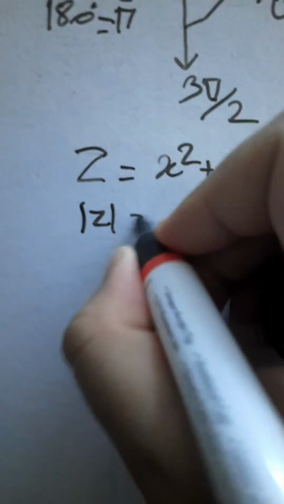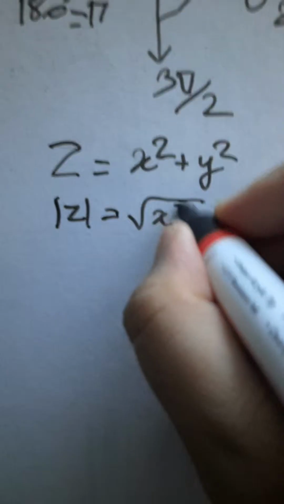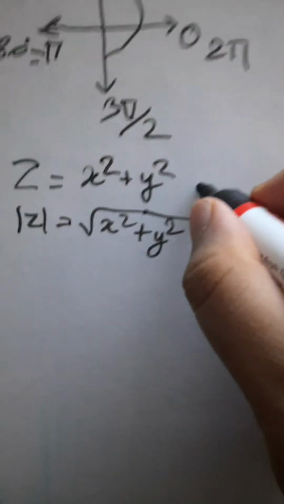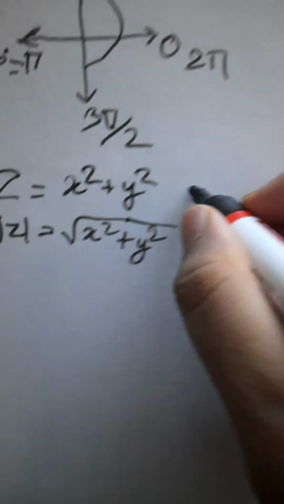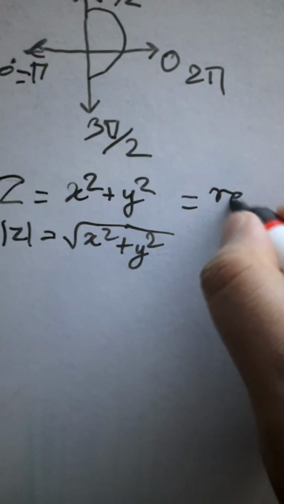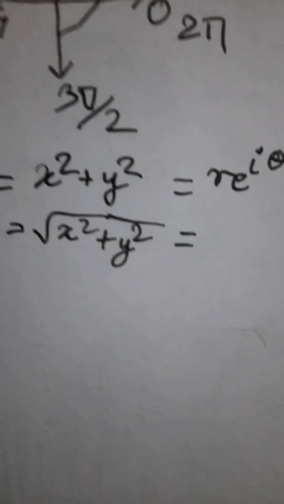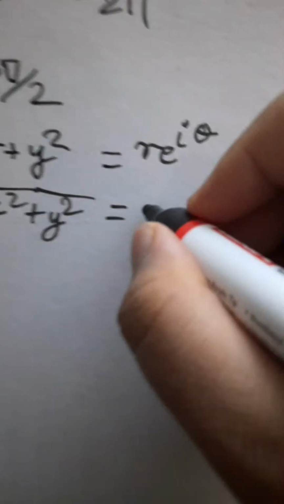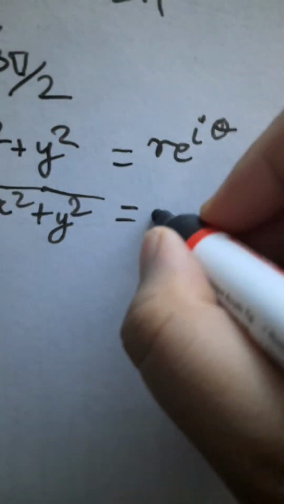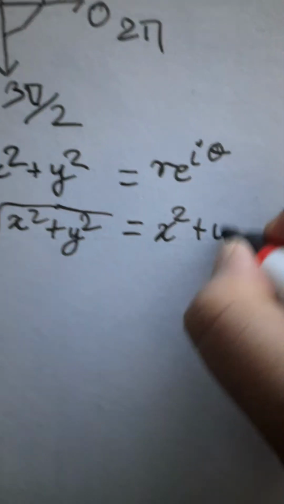Mod z is equal to root of x square plus y square, because we are taking the mod of a vector, under root and sum of the squares. While z is equal to r e raised to i theta in polar form. We use this because we are talking about angles here. This would be much simpler, while here it would be x plus iy.